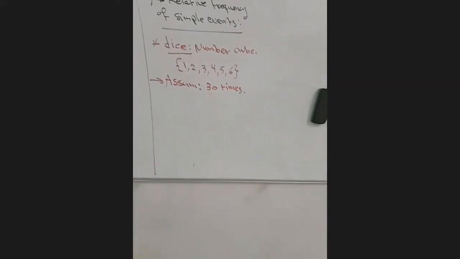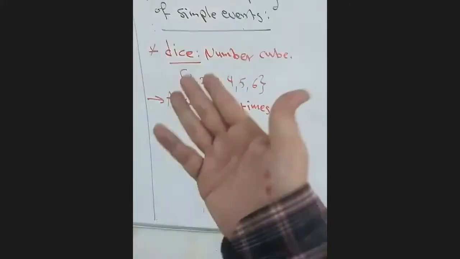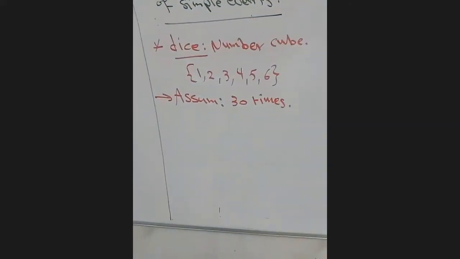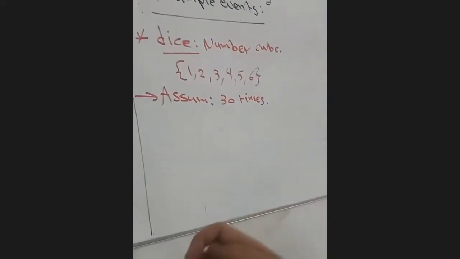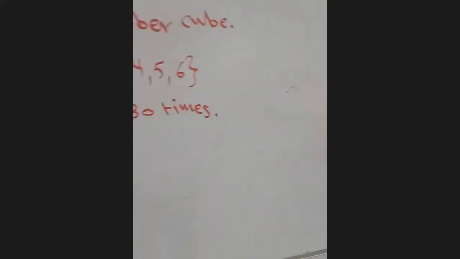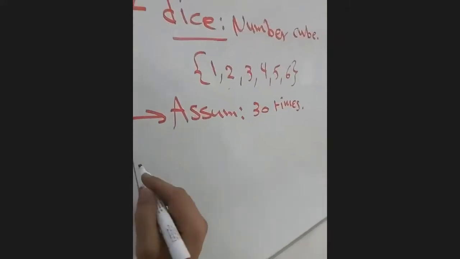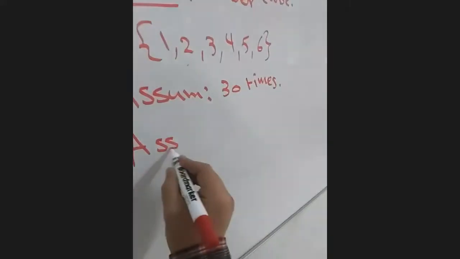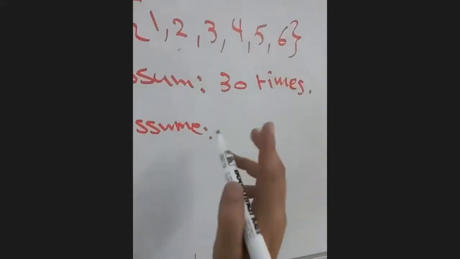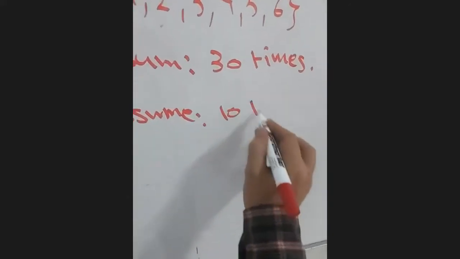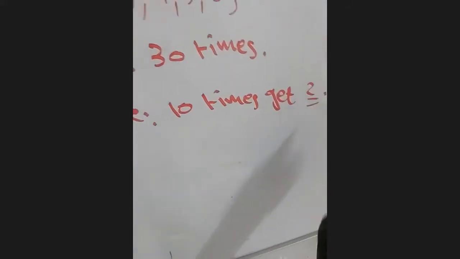I do the trial or the experiment of flipping a dice 30 times, and after I flip, I record my result. After I flip the 30 times, assume that I get the number 2, 10 times.